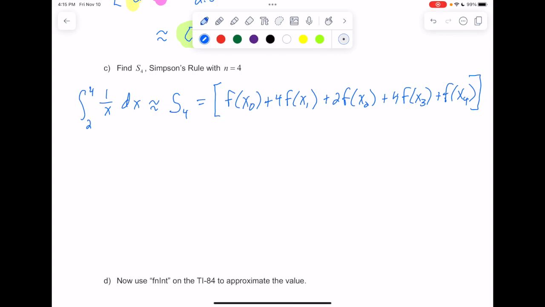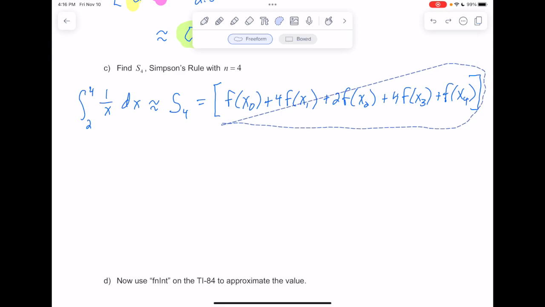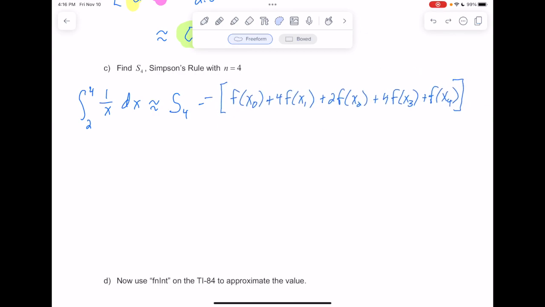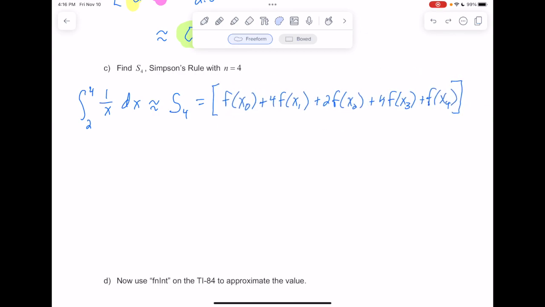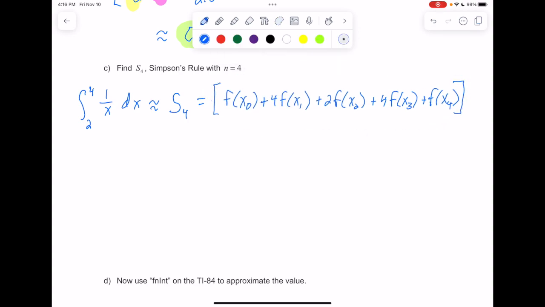I ran out of room here, so I'm going to shrink this up a little bit because that's just adding the height part. We still need the delta x part, so squeeze that in over here. So times delta x.